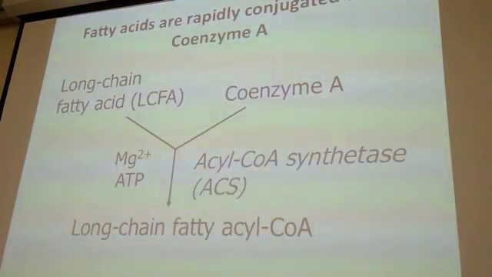And this occurs through a series of enzymes. One of the important ones was acyl-CoA synthetase, and so this takes a free fatty acid and conjugates it together with coenzyme A in an ATP-dependent reaction. And so anytime you have an acyl transferase reaction, anytime you're moving an acyl chain, it's probably involving an acyl-CoA synthetase to activate that fatty acid first, anytime you are attaching a fatty acid.